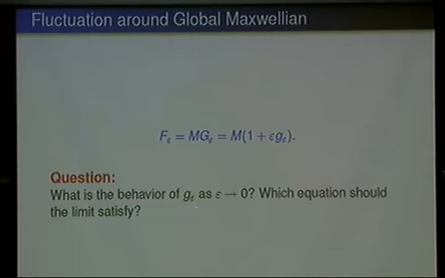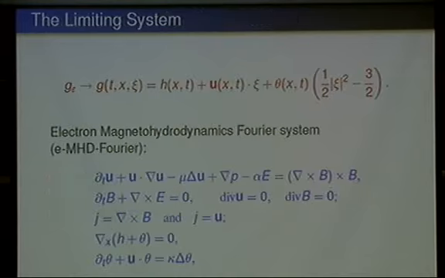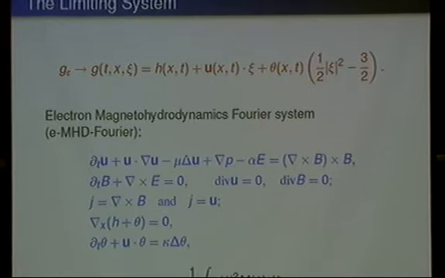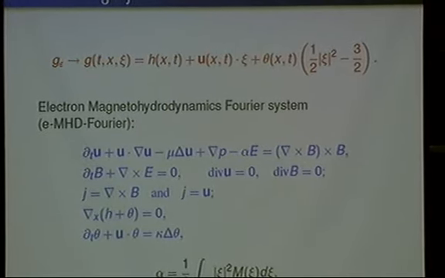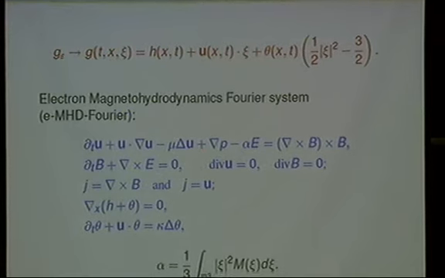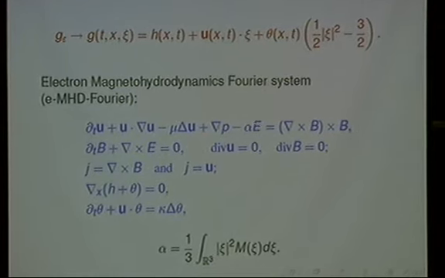What is the equation you can get when epsilon goes to 0? It turns out that G epsilon goes to this one, the limit of G epsilon. So you have H, U, and theta here, and H, U, theta satisfy the following system. This system is like the incompressible MHD, but you still have the electric field here.